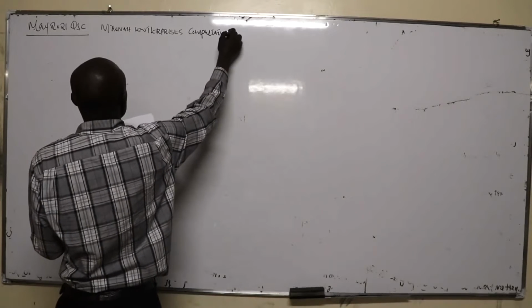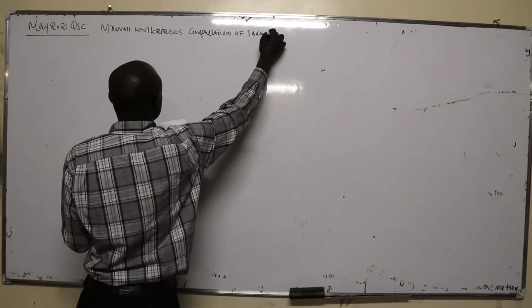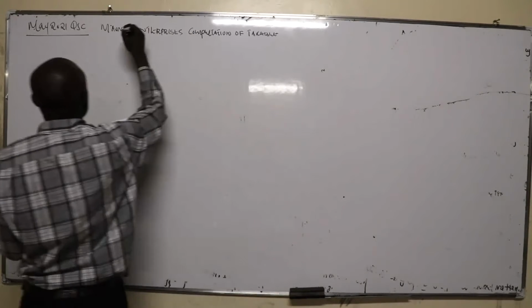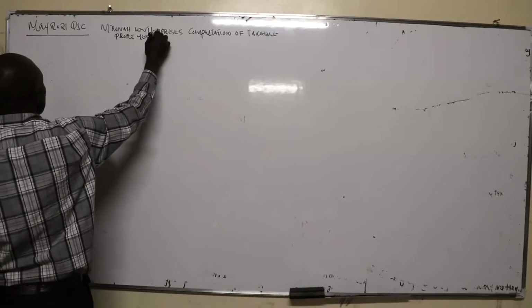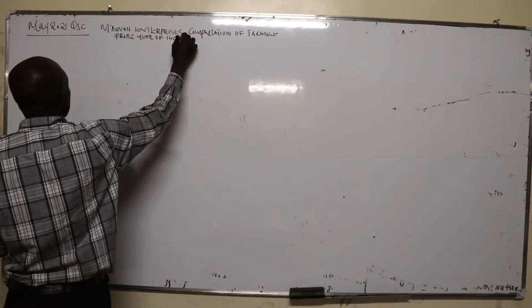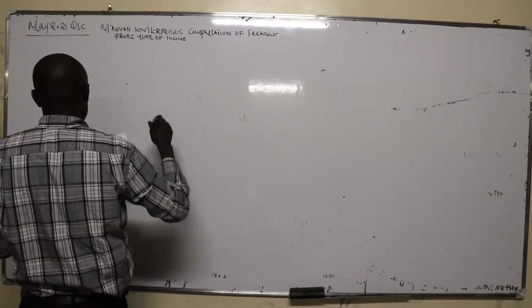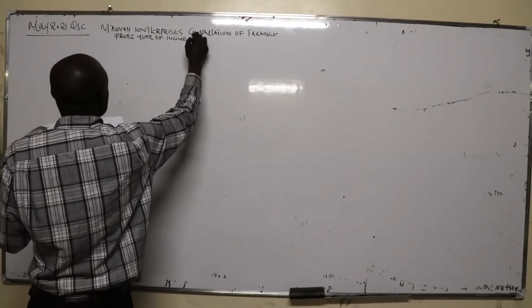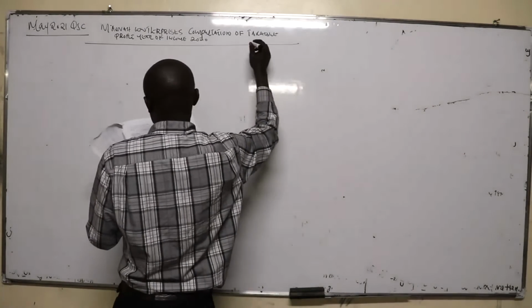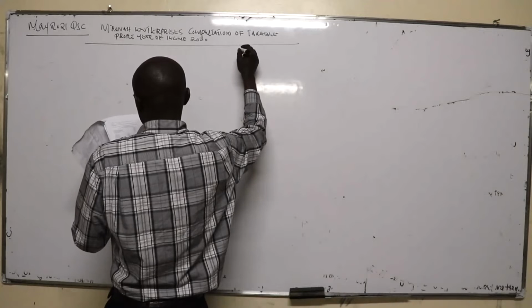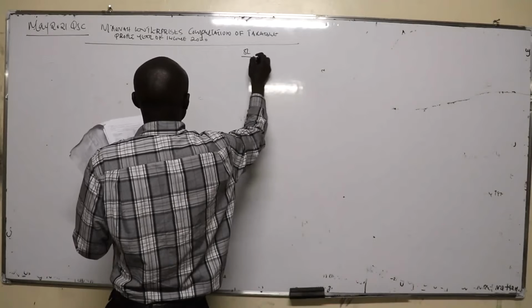Computation of taxable profit, year of income 2020, and then you underline here. So here you can write shillings.